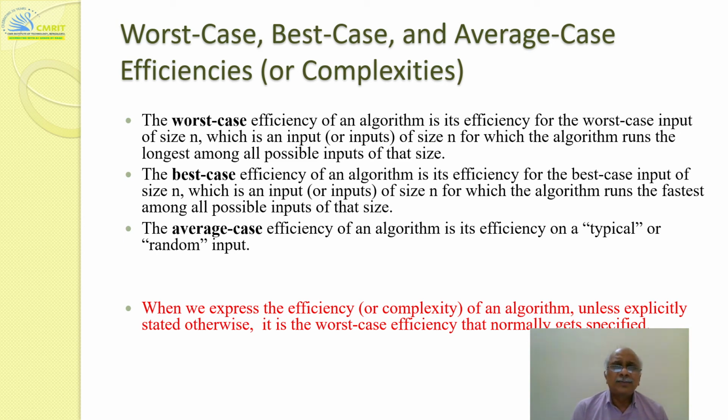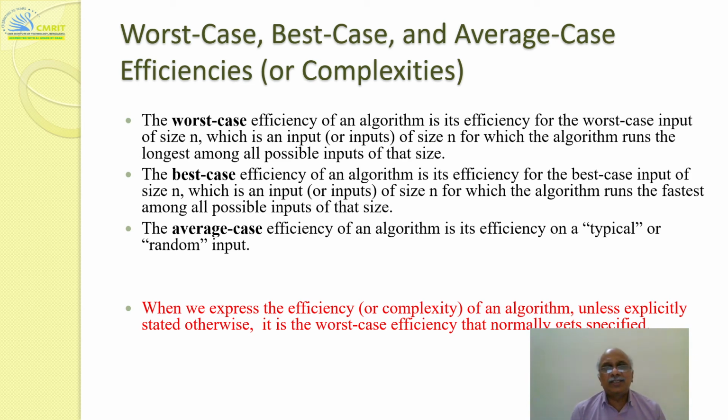Often we don't focus on the average case efficiency. We talk about worst case, best case, average case. In certain cases it is not very difficult to compute, but in many cases the average case is not easy to compute. And when we express the efficiency of an algorithm, generally we specify the worst case efficiency.